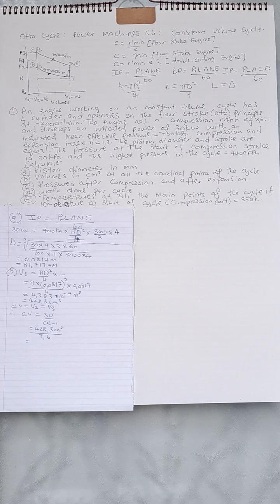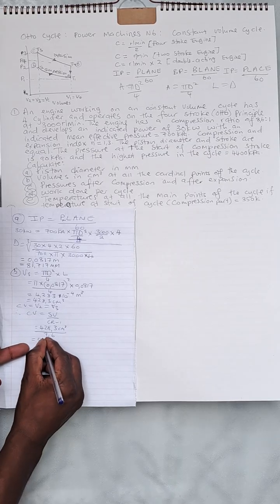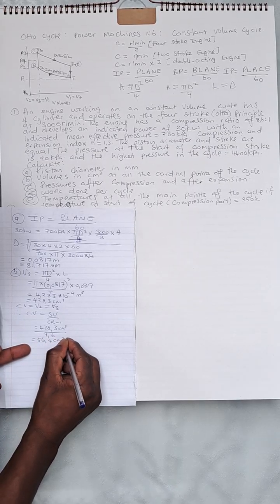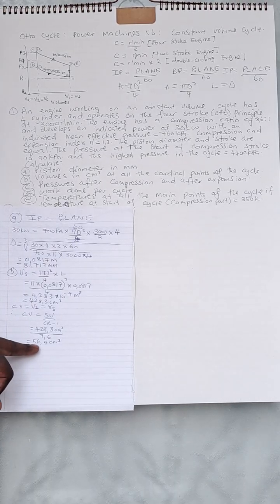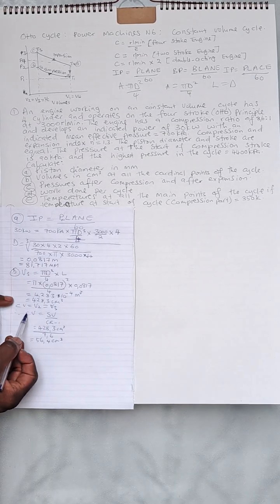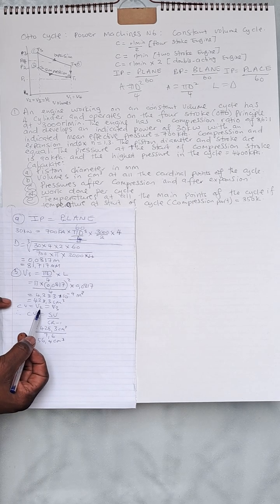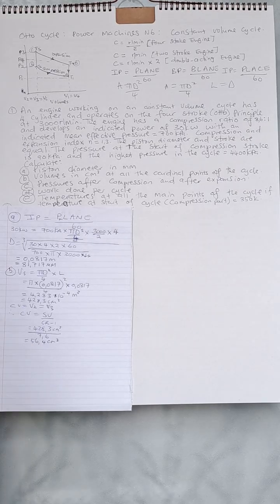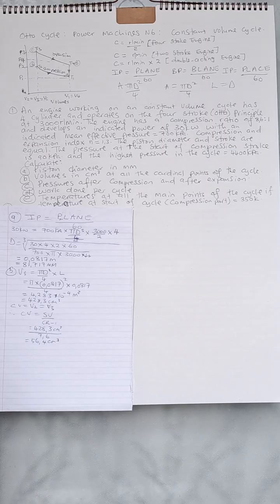I'm getting 56.4 centimeter cubed. So here we are done. 56.4, that's our CV, and that's our V2, that's our V3. So they want our answer to be in centimeter cubed. So we are done on that part.